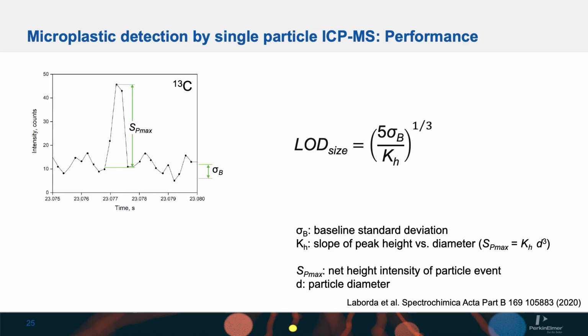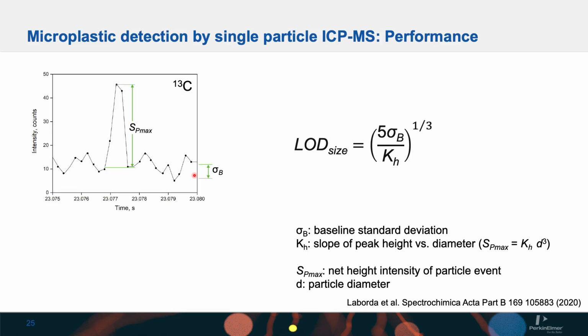What about the smaller microparticles? This is a matter of size detection limits. Basically, when we measure by single particle ICPMS, the objective is to detect a particle event that must be high enough over the noise of the baseline.